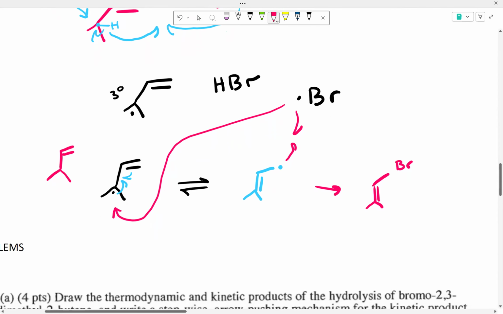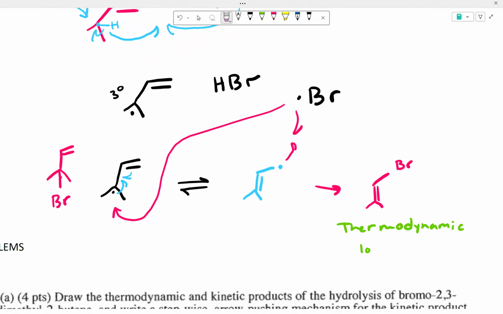Which one is kinetic and which one is thermodynamic? This one on the right is thermodynamic because we have the most substituted alkene, and that's the lowest energy product. Most stable product, alkene, most substituents.